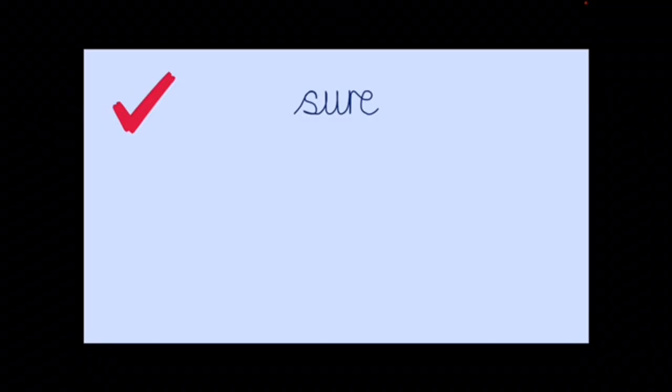I'm sure. Now we have looked at this before. And how many of you spotted that sure was at the end, where S is used for the sound sh.